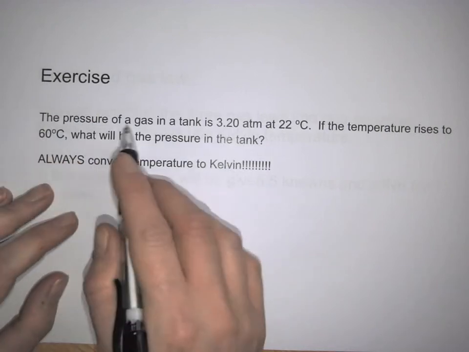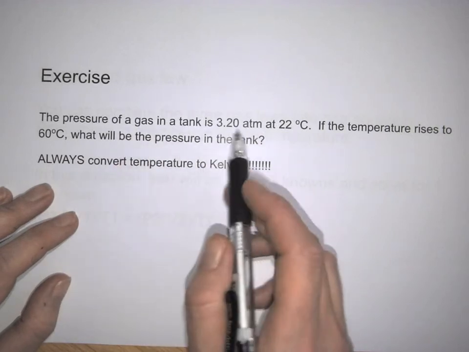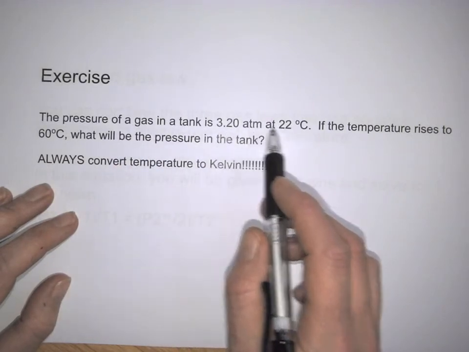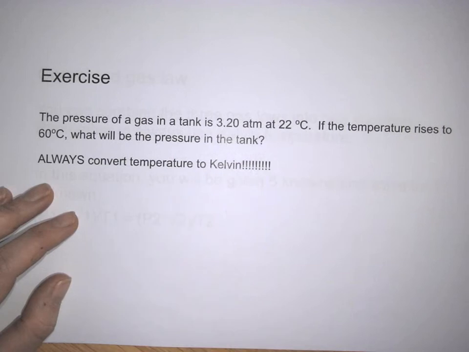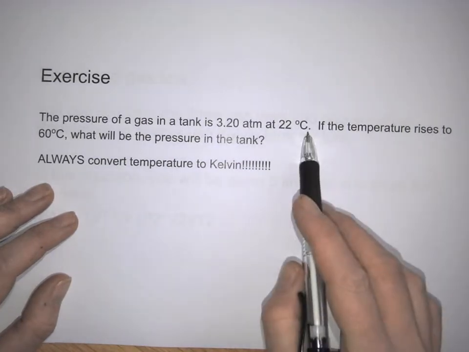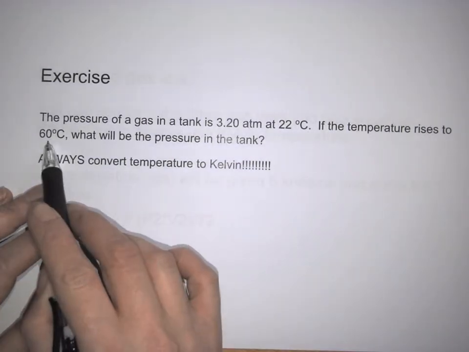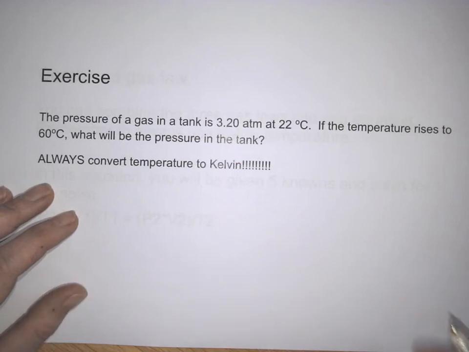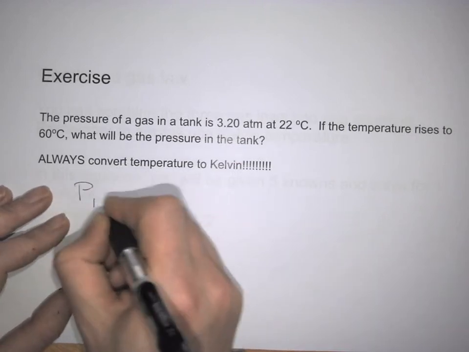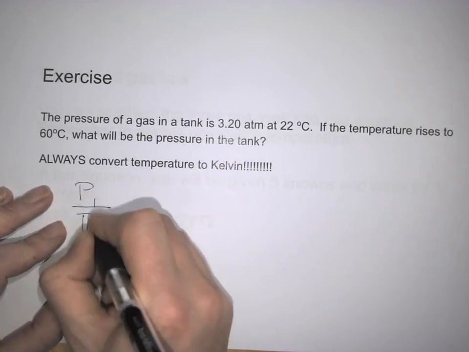The pressure of a gas in a tank is 3.2 atmospheric pressure at 22 Celsius degrees. The temperature will rise to 60 Celsius degrees. What will be the pressure in the tank? So once again, the equation looks like this.